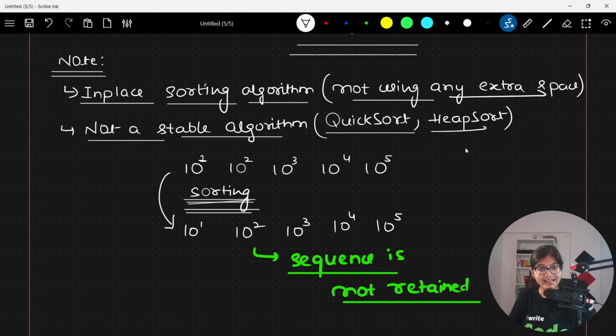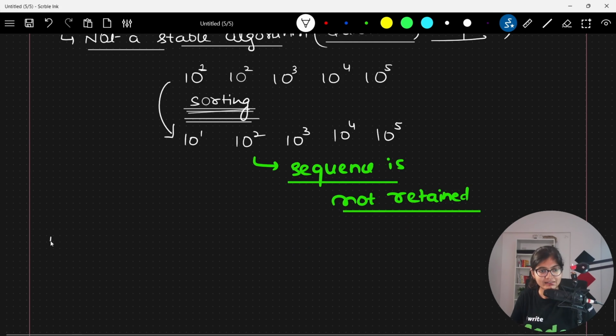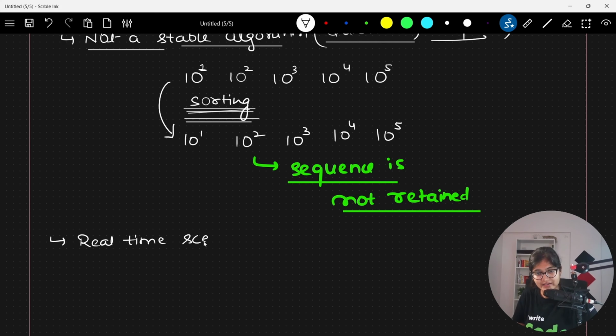This is another key thing. And the last important thing is that this algorithm is widely used in real-time scenarios, because it is faster compared to merge sort, since it is not using any combine procedure, like the merge procedure that we studied in our merge sort class, right?